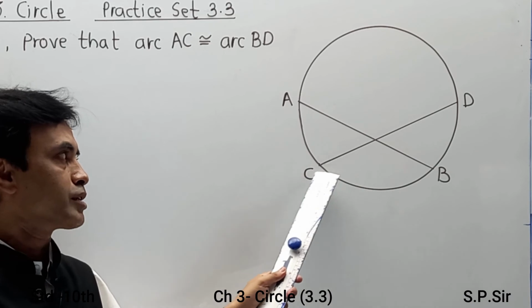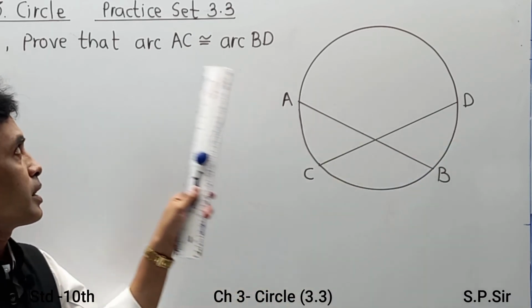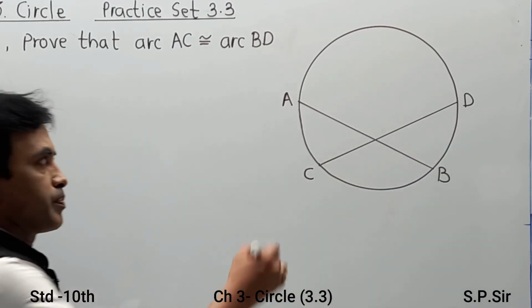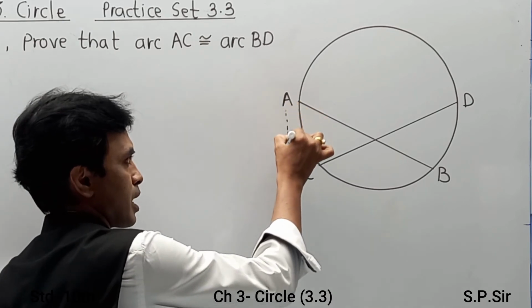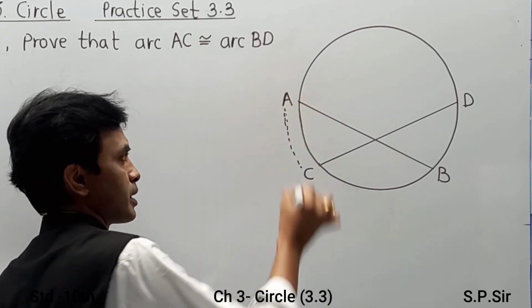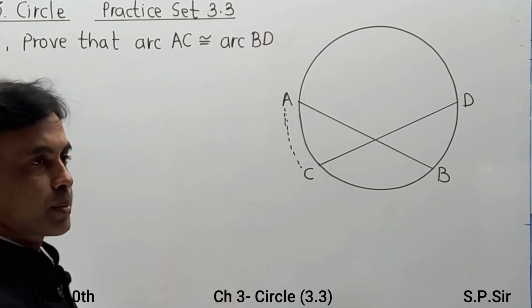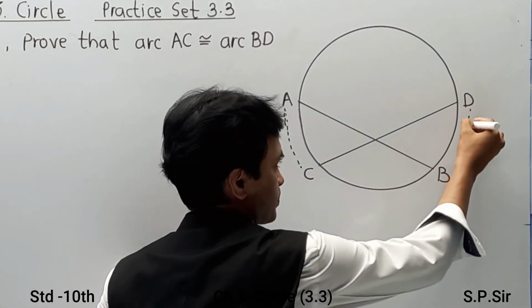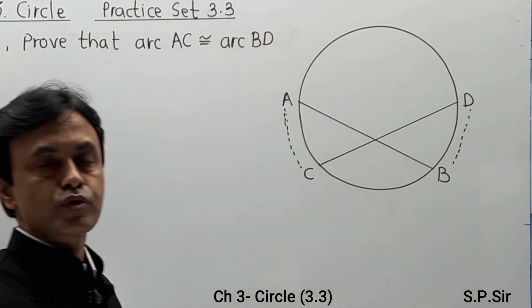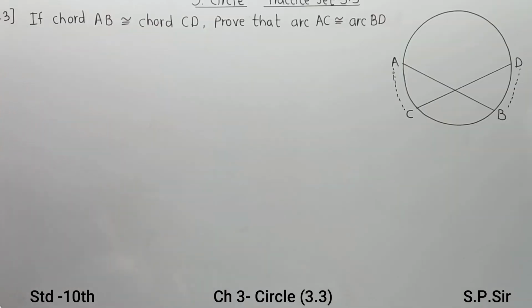Chord AB is congruent to chord CD, then prove that arc AC, this part, is congruent to arc BD, this part. That is what we are supposed to prove.